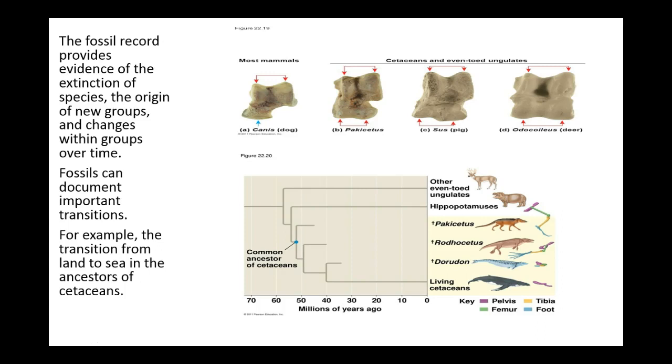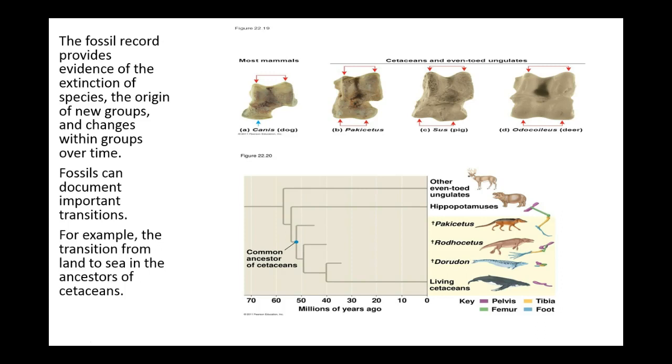And then in the middle, this fossil, Pakicetus, is extinct, but it can be the bridge between two very distinct species, a meat eater and a non-meat eater, until you get to a pig and a deer.